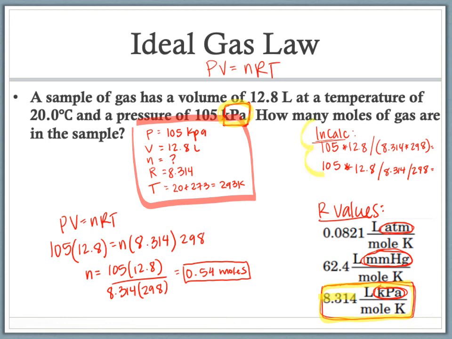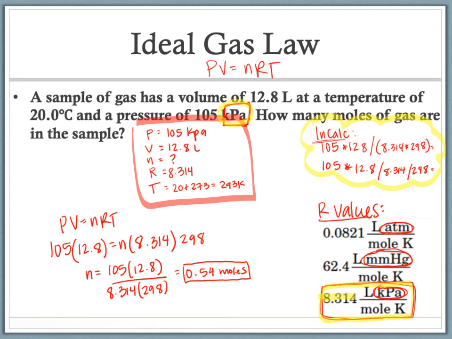Now notice over here what I wrote. Sometimes students mistype in their calculator. There are two ways you could enter this: 105 times 12.8 divided by, and if you want to do the multiplication on the bottom at once, you need to put it in parentheses. The other way is 105 times 12.8 divided by 8.314 and then click divided by 298 again.